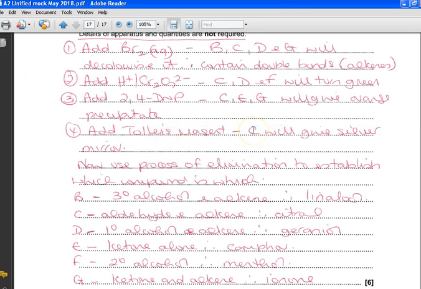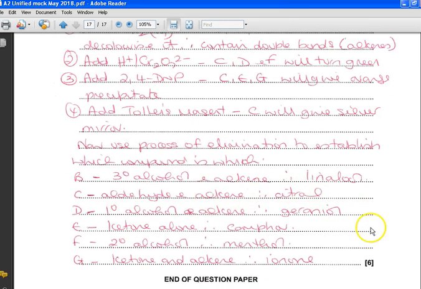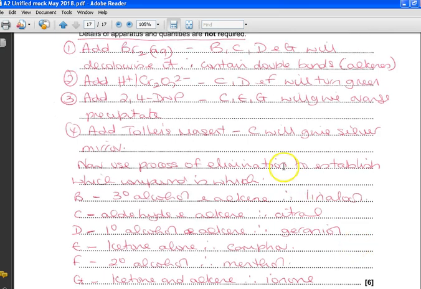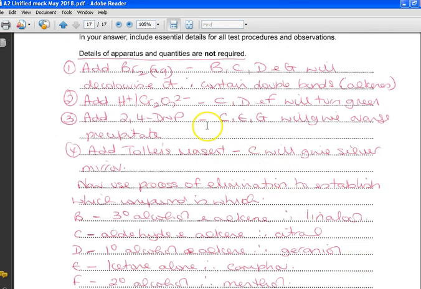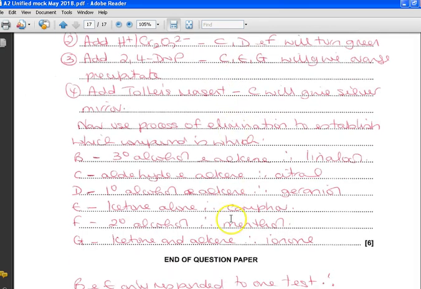So we know it's an aldehyde, with the silver mirror. We know it's an alkene, so the aldehyde and alkene there is citral. And so on, really. You go through each one and eliminate them via different tests, which will tell you individually which ones they are.